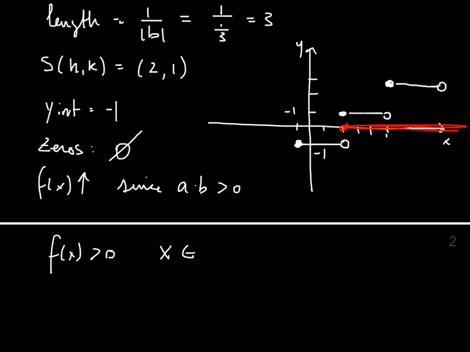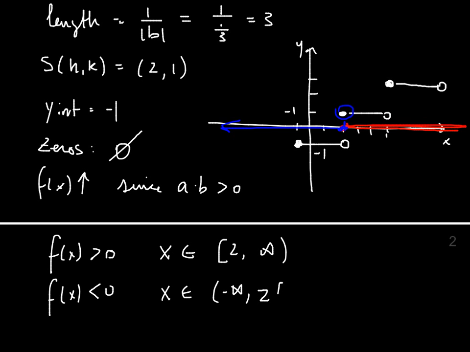It was 2, so it's going to be from 2 all the way to infinity. f(x) is strictly less than 0, so negative, when x belongs to... Now, it's going to be negative from here onwards towards negative infinity, but I have to make sure not to include this point here, because if I do, I would be taking a point in the positives, and I don't want positives, I want strictly negatives. So I'm going to say negative infinity all the way to 2, not including it.